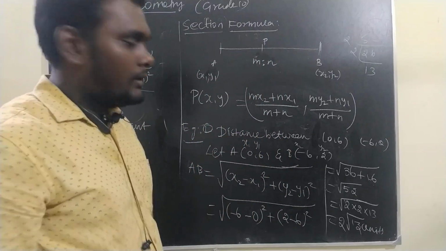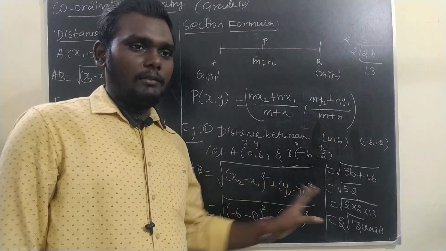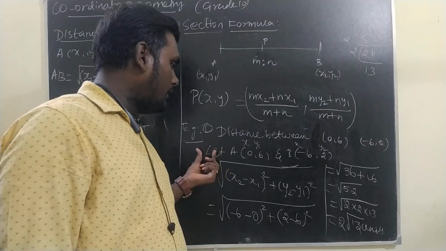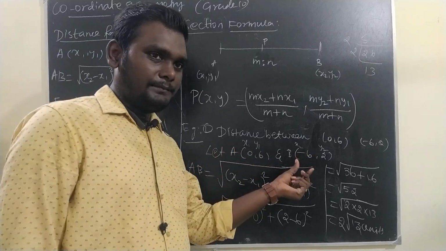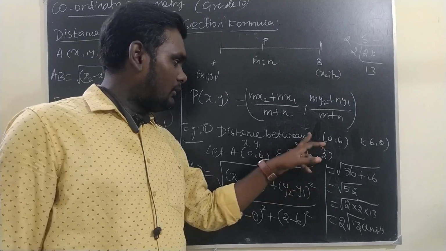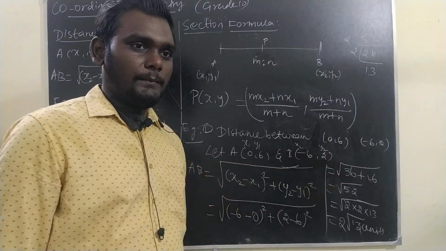See, when you know this, in MCQ you can do this in rough work. But the descriptive answer should be in this way. Let means that is the given part. Here the name is not given, so I used let. Suppose the name of the point is given, that A is this, B is this.